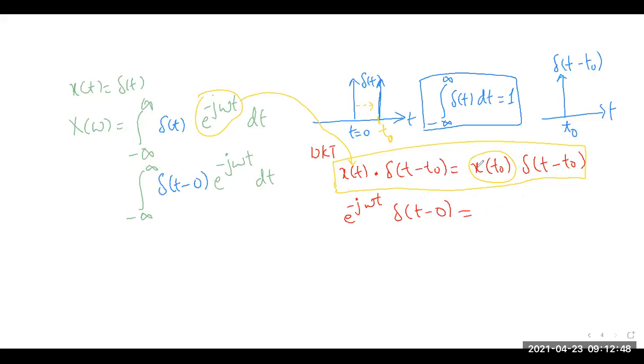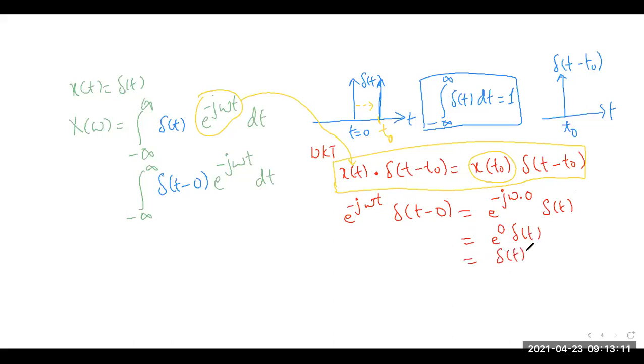Now I got to replace this entire function, that which is e to the power minus j omega t, with t value equal to what? T naught, and t naught in this case is 0. So e to the power minus j omega 0 delta of t. Now anything to the power 0 is what? It's equal to 1.